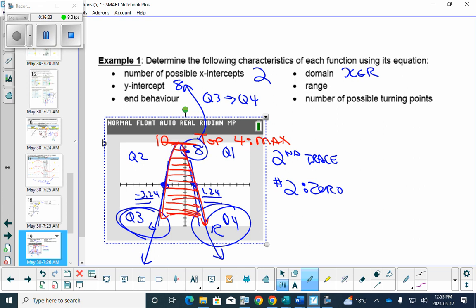Smaller. So you're going to write y, with the small end pointing to the y, and then you write 10. How many peaks and valleys? 1. One peak right here. It's what we call the vertex.